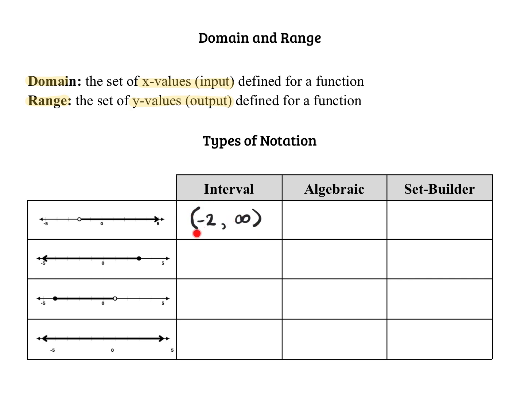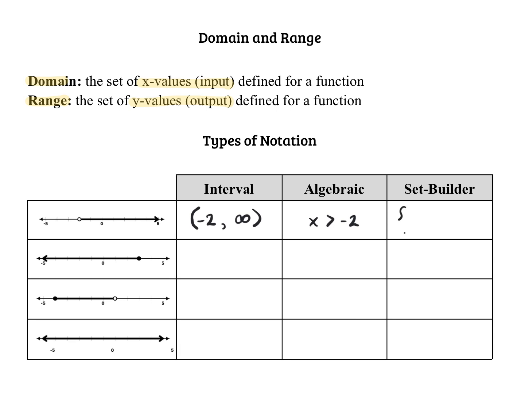Now, algebraically, we're essentially just going to be using inequality symbols. So here we're describing domain, so it's x, and we can see that's everything larger than -2. And then set builder notation is really a lot like algebraic notation, but with a little bit of extra fancy stuff going on.